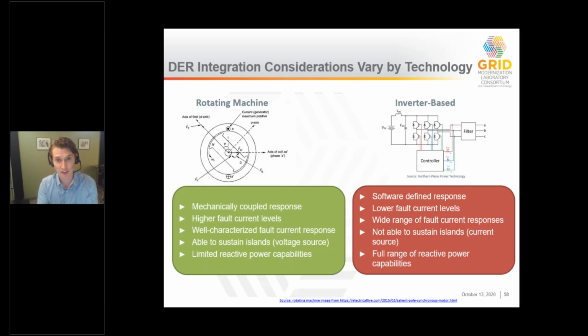They're really relying on that fundamental voltage from the grid in order to operate and supply current into the system. But they are, again, very flexible, so they have a wide range of these reactive power capabilities, which we'll talk about in the context of smart inverter or advanced inverter functions. So next slide, please.